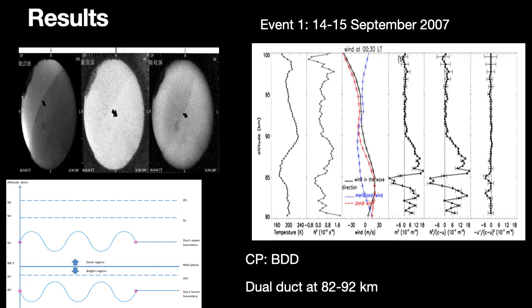If we observe the background of the atmosphere, we can see there is a duct located between 82 and 92 kilometers height. The duct is characterized when m squared is positive between two negative values. In this case, both the temperature and the wind were mandatory for the formation of this duct. In this case, we call it a dual duct.